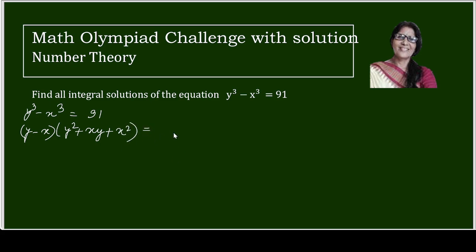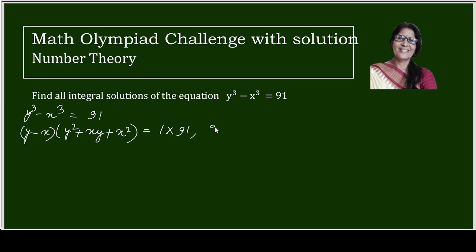91 can be written in terms of its prime factors, that is 1 times 91, or 91 times 1, 7 times 13, and 13 times 7.